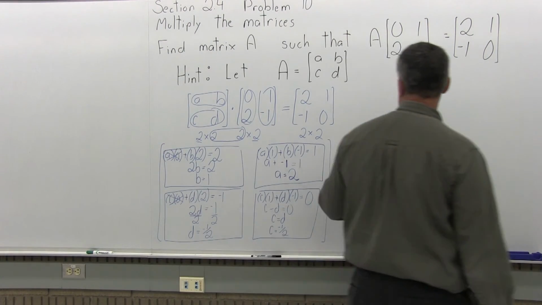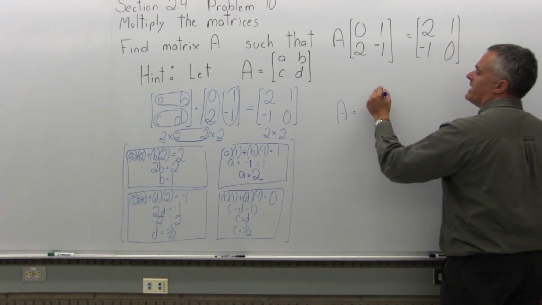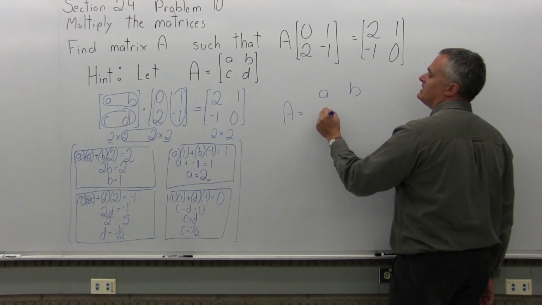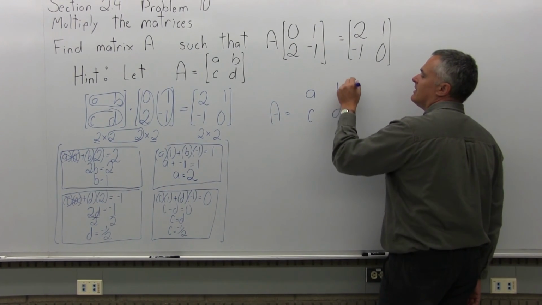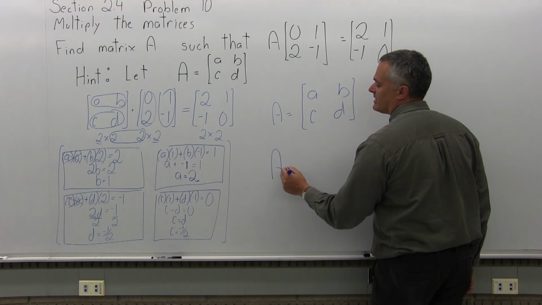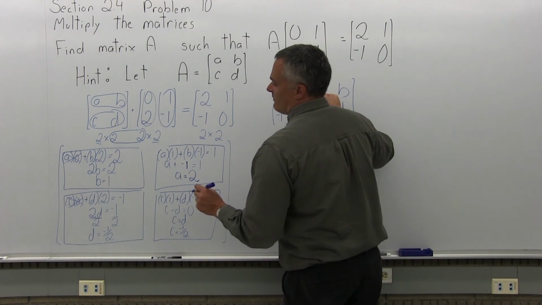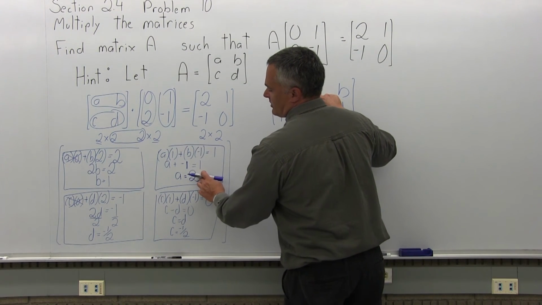So the hint, going back to the original question, said let A equal the matrix A, B, C, D. And now that I know what A, B, C, and D are, I can see that the final answer is A is the matrix. So the variable A has a value of 2.